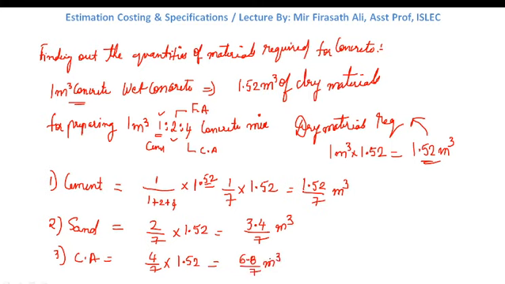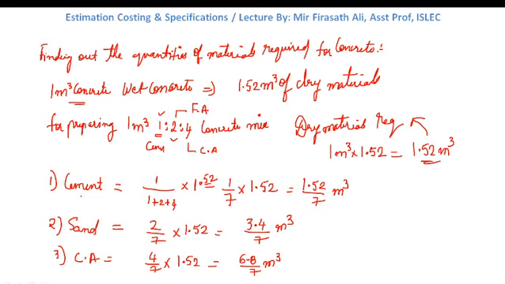This is the amount of coarse aggregate, fine aggregate and cement required for 1 meter cube of wet concrete.